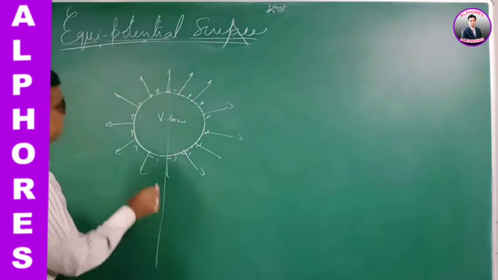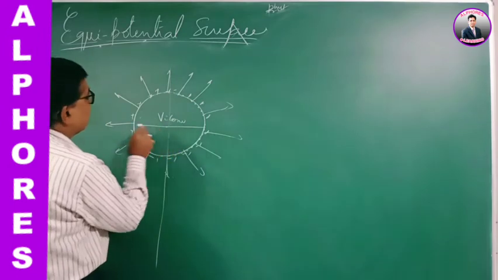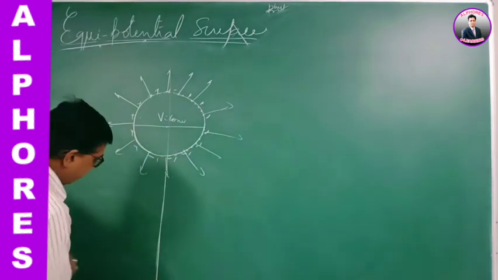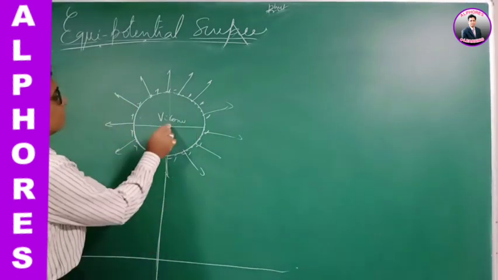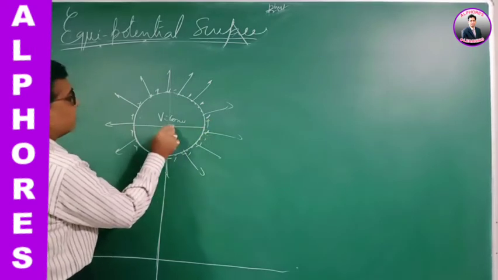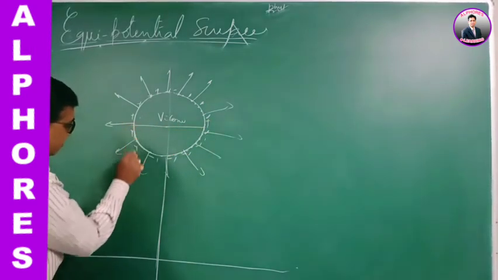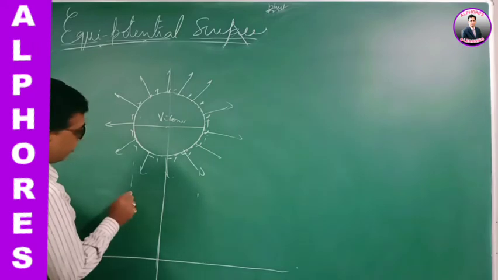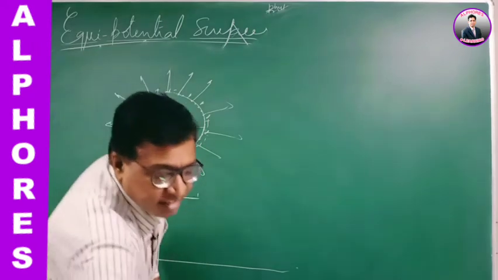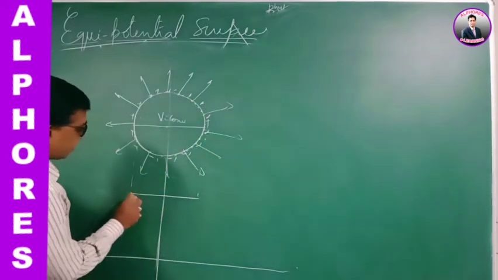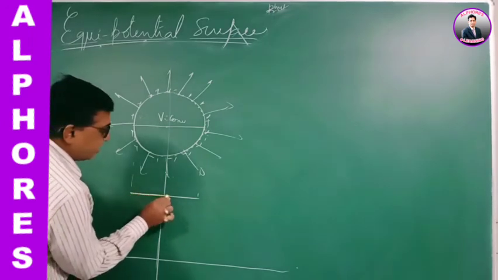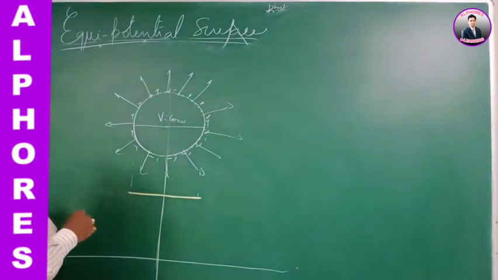If I draw a graph of the potential from center to surface for a positive charge, the potential is the same at any point. So from here to here, the potential is a constant.